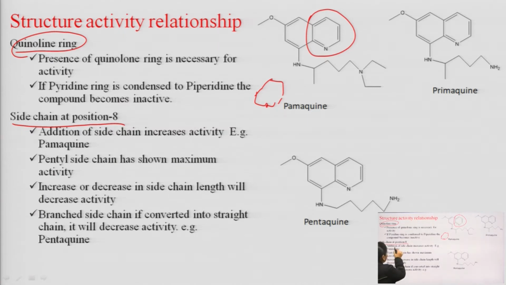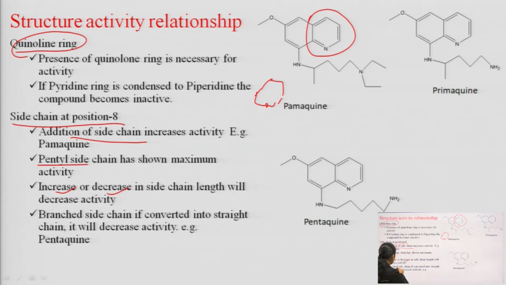We see that addition of a side chain increases the activity, as we see in the case of pamaquine. Here we found that the pentyl, 5 carbon side chain has shown maximum anti-malarial activity, whereas if we increase or decrease the side chain length, it decreases the anti-malarial activity.